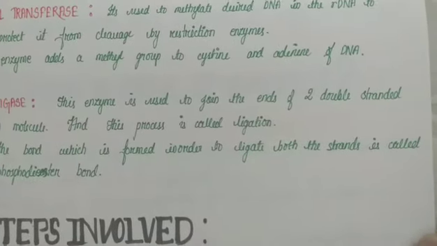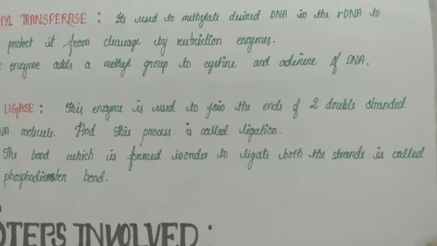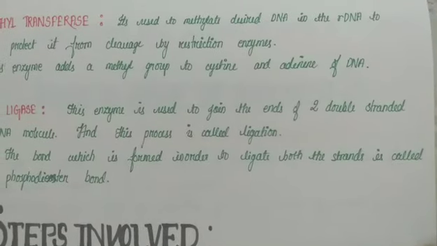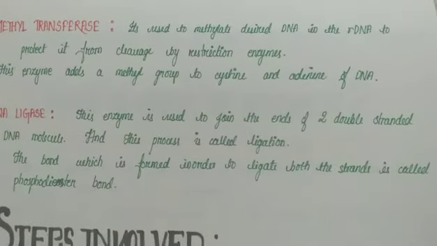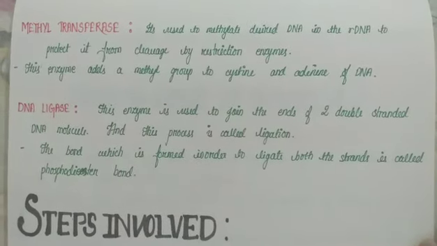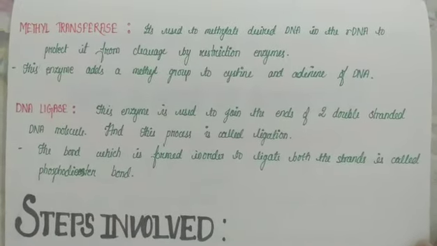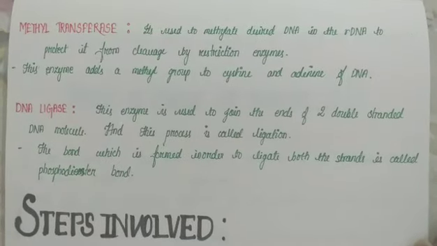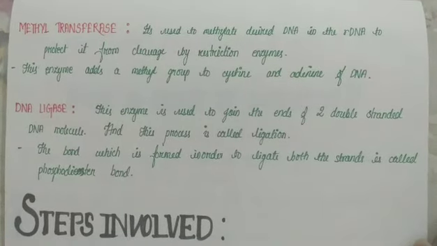Restriction enzyme is used to cut, DNA ligase is used to join, and DNA modifiers are used to properly insert the foreign DNA or the gene of interest into the vector's body.